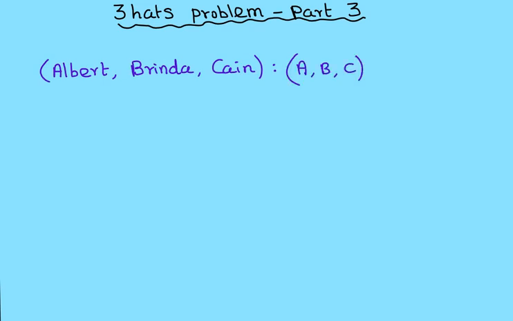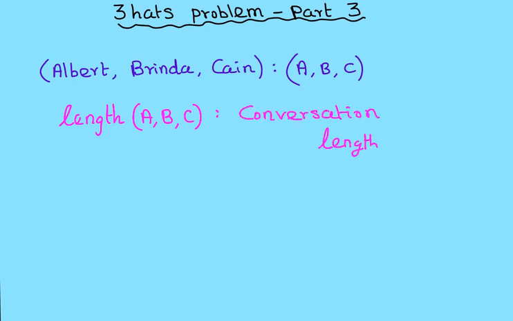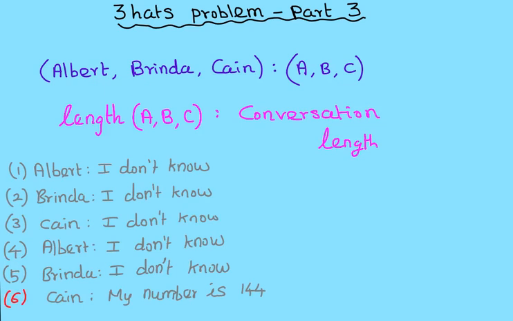So let us start. Now let the numbers of Albert, Brinda and Cain be A, B, C respectively. Let length of ABC be the number of conversations it takes for some student to claim his number finally. That is the conversation length. Note that in the original problem, at the 6th conversation, Cain finally declared his number to be 144.